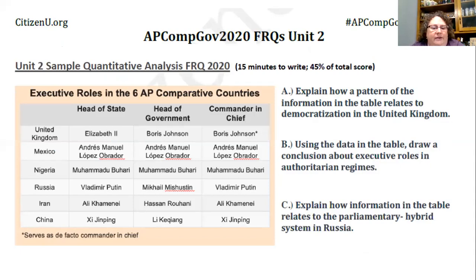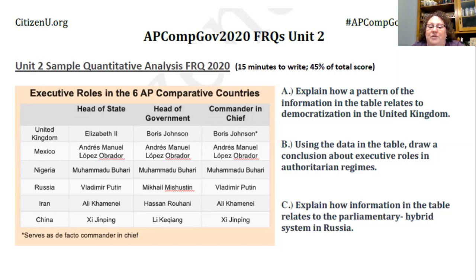So as we look at this, what do you notice here about some of these different things? The head of state, the Queen, she's not the commander-in-chief. Rather, the commander-in-chief is in the hands of Boris Johnson, who is the head of government, okay?